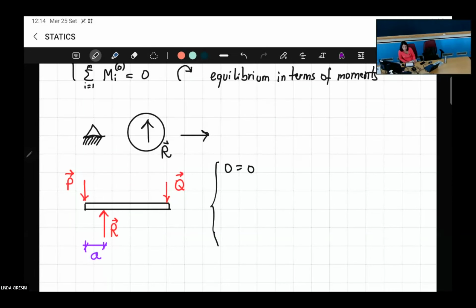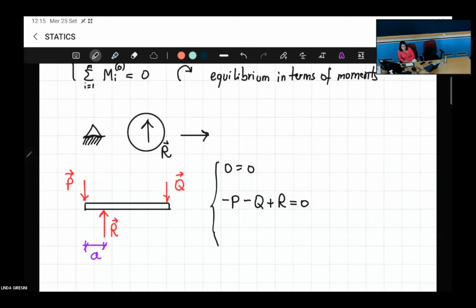The vertical equilibrium is very simple. Can you tell me? It is minus P, we keep the same convention, minus P, minus Q, perfect, plus R, equal to 0. Is there a weight?